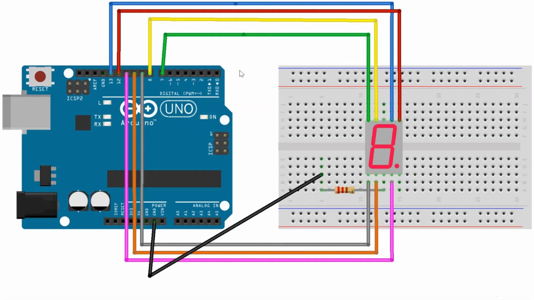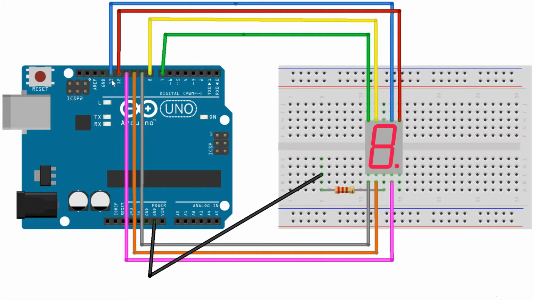So let's see how we'll connect all the pins to Arduino. This is the diagram of how we'll connect our seven segment display with Arduino. We will use seven digital pins of Arduino and one ground pin, and we will connect this ground pin with the middle pin we had seen in the previous diagram, with a 220 ohm resistor in between.